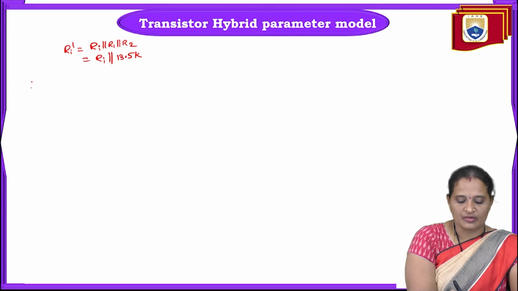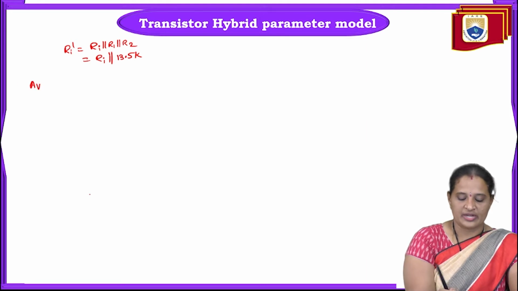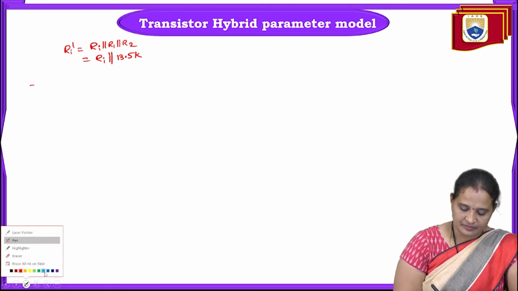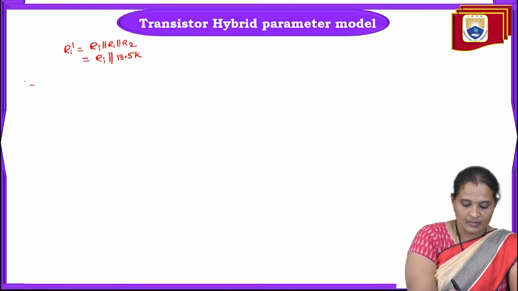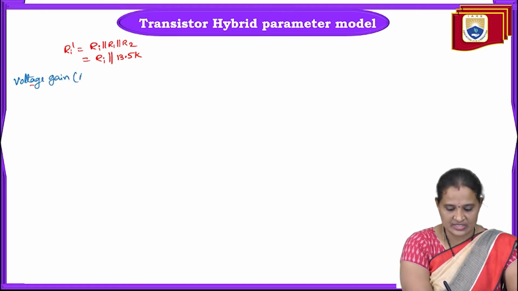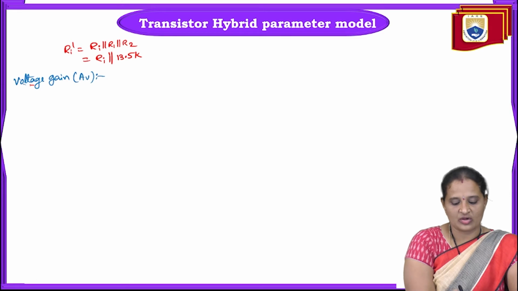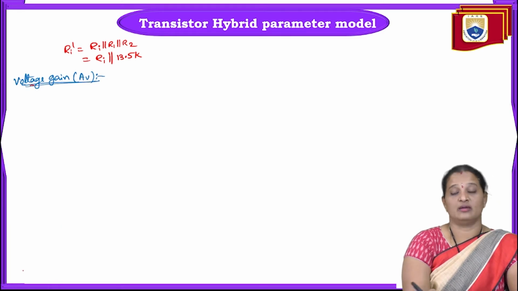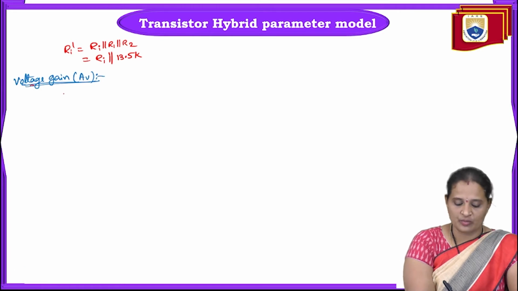And now we are going to calculate the voltage gain. So the next one is voltage gain, which is represented with AV, without taking the voltage source into consideration.